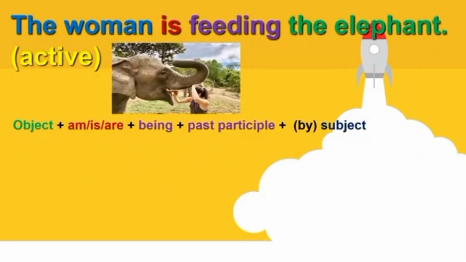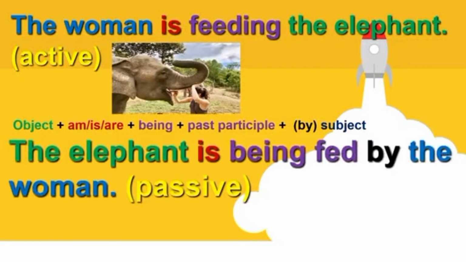Example 1. The woman is feeding the elephant. This is an active sentence. Now let's change it into a passive sentence. The elephant is being fed by the woman.